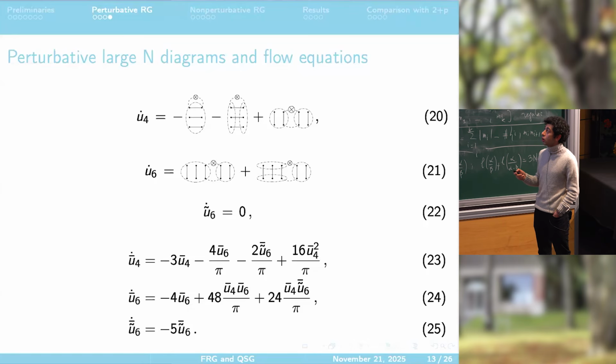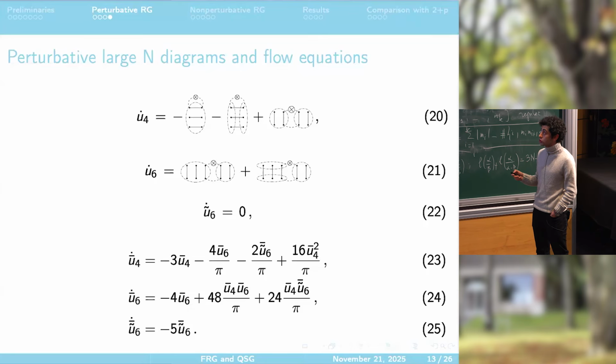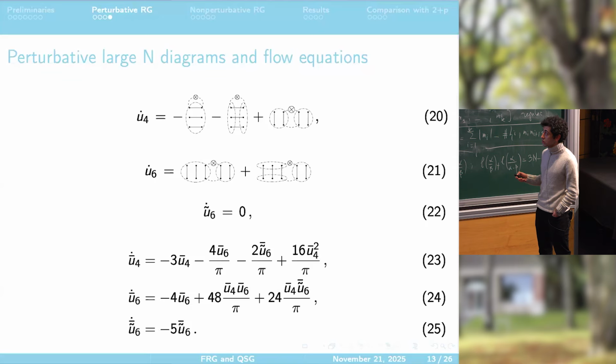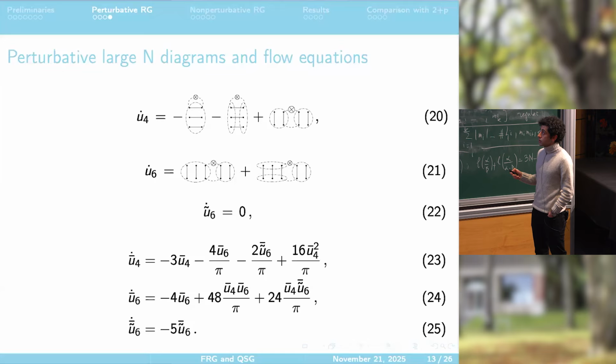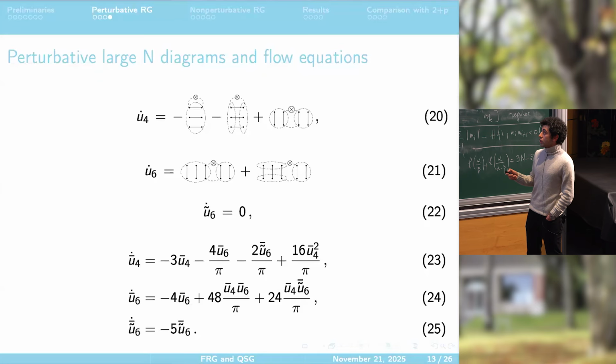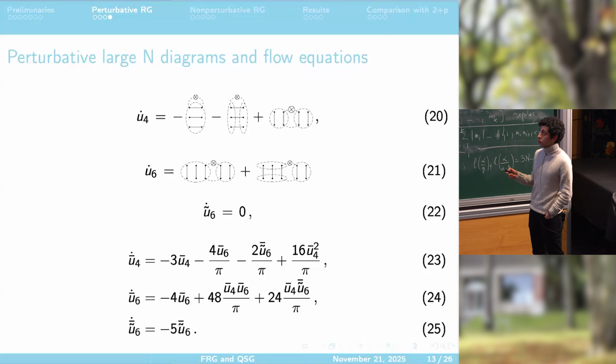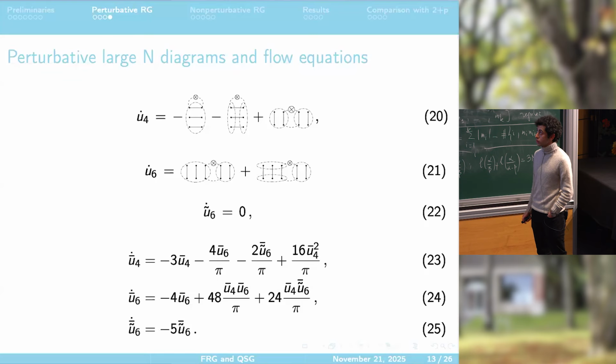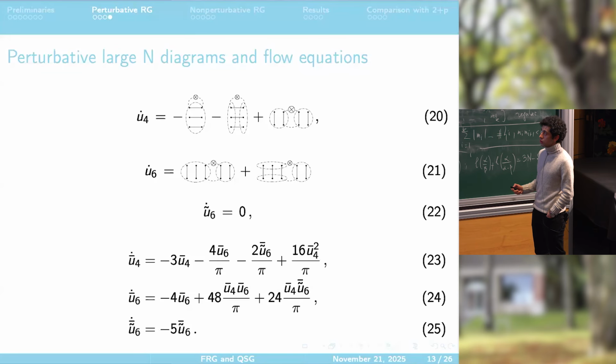And if we look at the one-loop diagrams that contribute to U4, U6, and U6 tilde, we will see that we get these equations from the Wetterich equation. The U4 contribution comes from one local sextic interaction, one bilocal sextic interaction, and two quartic local interactions. And the flow of U6 comes from one contribution with the local and one contribution with the non-local sextic interaction of the quartic interaction.